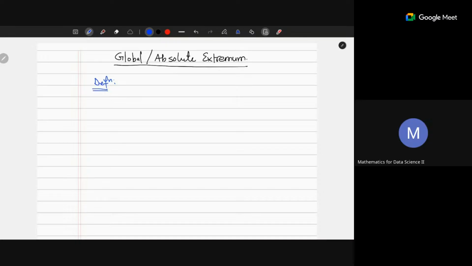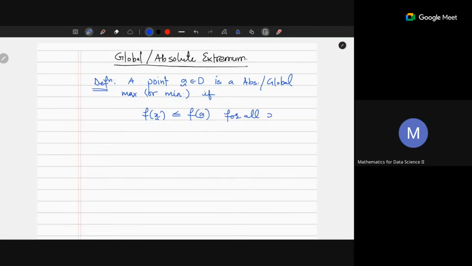So let me first define what is a global maxima or minima. By definition, a point a is a global or absolute maxima or minima if it attains the maximum value throughout the domain, that is, f(x tilde) is smaller than f(a tilde) for all x tilde in D, or it is larger than f(a).